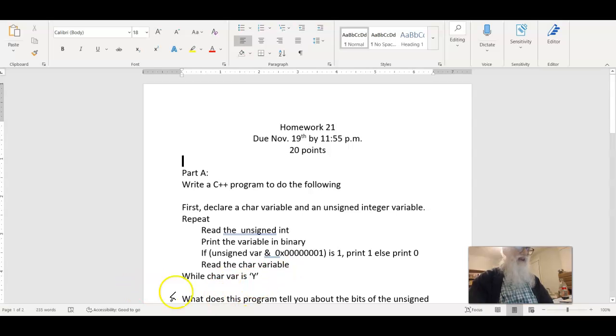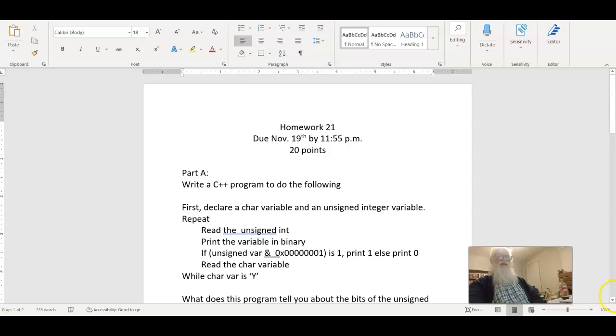Then read the character variable and keep doing this until the character is y. By the way, none of you seem to be remembering the do while, which would be perfect for this particular structure.